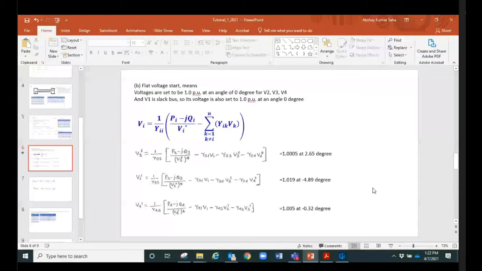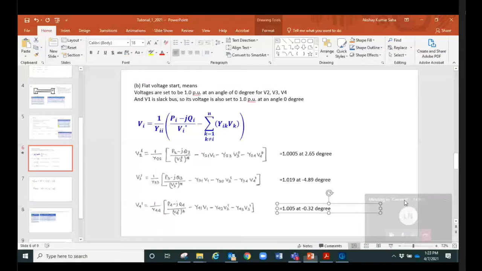Okay, the next step is to calculate the voltages using acceleration factor. If you remember, choose a value of 1.6 as the acceleration factor and find these voltages after first iteration. We have to use these voltages that we got after first iteration, but with the acceleration factor now.